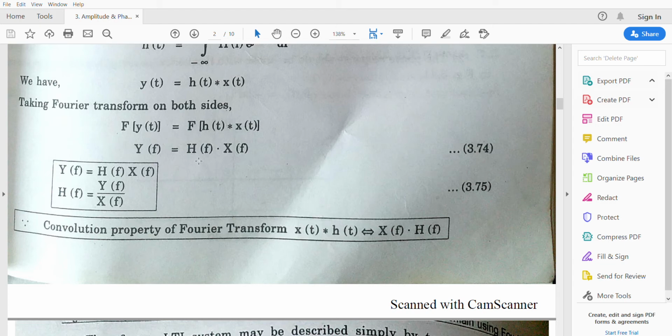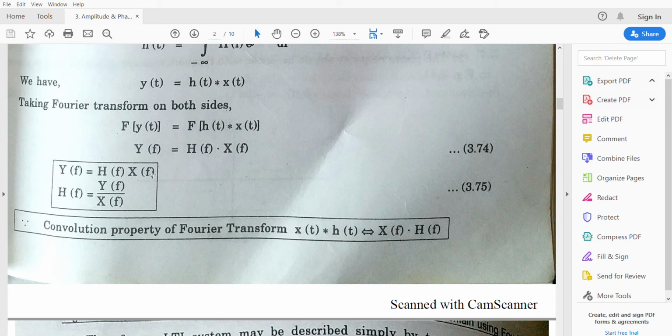So we convert the given impulse response and input by applying the Fourier transform formula into the frequency domain and simply multiply, by which we get the output response in the frequency domain, that is Y(f). By taking the inverse Fourier transform of Y(f), we get the output response in the time domain.